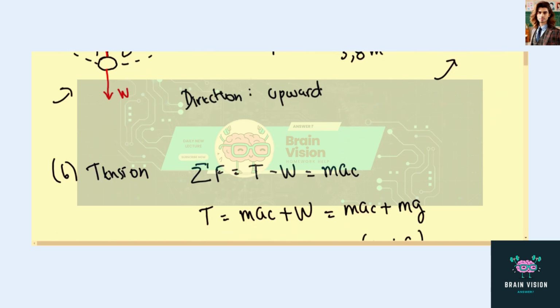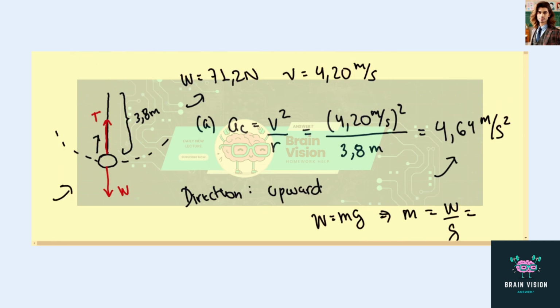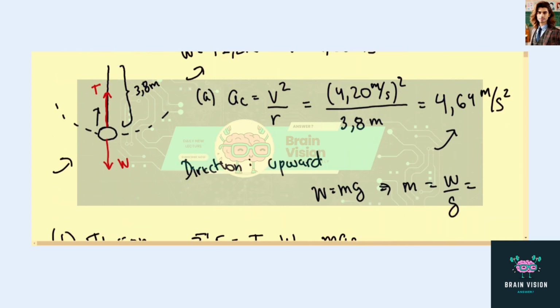So we can obtain the mass, since the weight is mass times the acceleration due to gravity, so the mass is the weight over that value. So it is very straightforward to obtain.